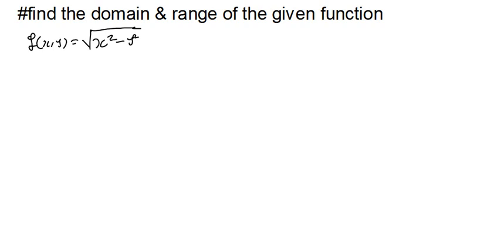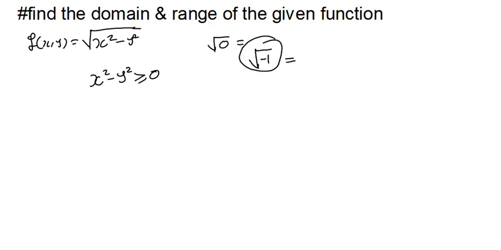What I know about a square root is that what I have inside, x squared minus y squared, should be greater than or equal to 0. The square root of 0 is simply 0, but we are not allowing anything below 0, meaning we can't have a negative, because the square root of a negative number is simply equal to what?